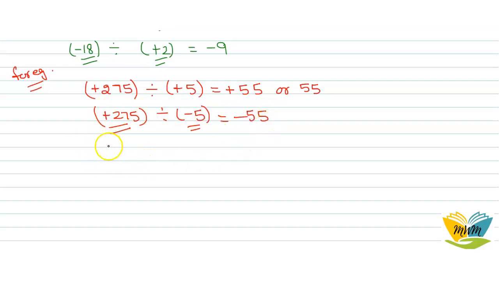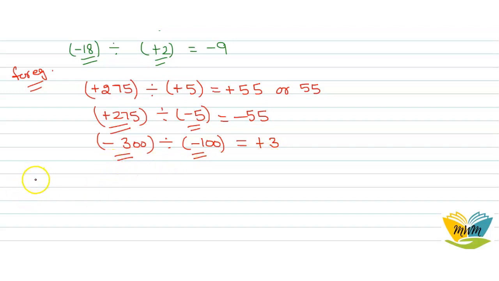Now if minus 300 is divided by minus 100, 300 divided by 100 gives 3, and minus and minus means plus. So we get plus 3 as our answer.